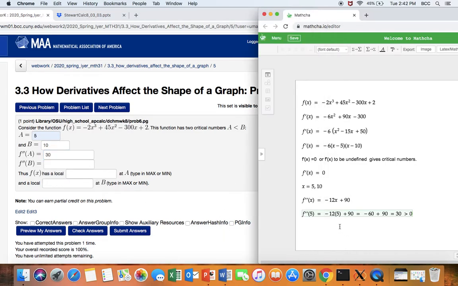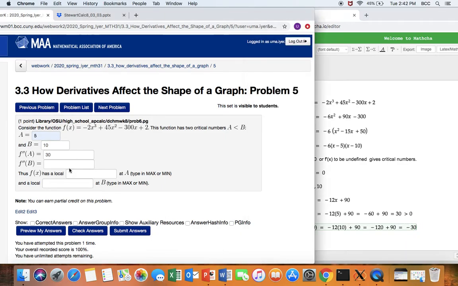Now, the second one. f double prime at 10 equals negative 12 times 10 plus 90 equals negative 120 plus 90 equals negative 30. So that value is a negative 30.